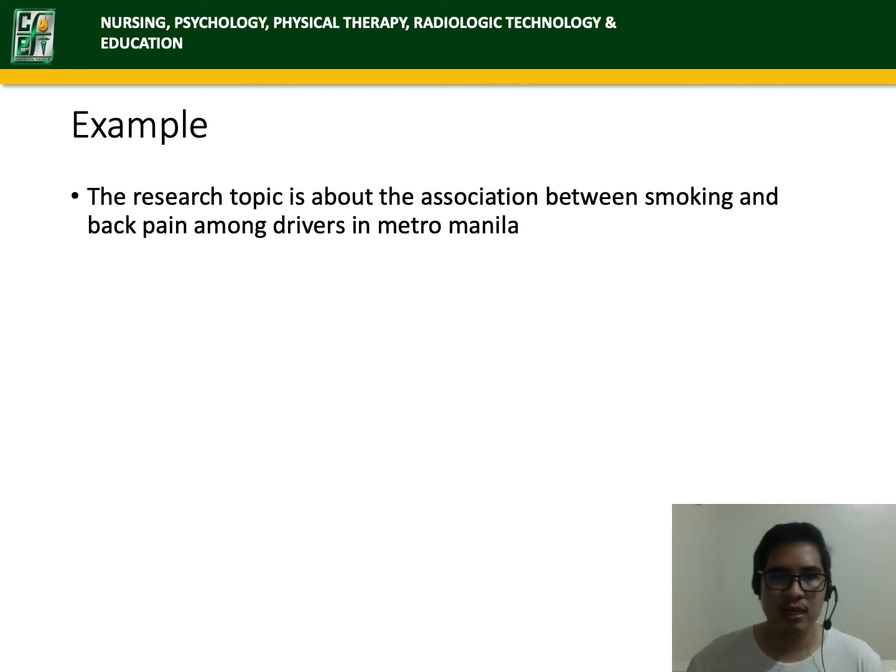The keywords are smoking and back pain. Okay, you can use also the association. Okay, the sample is not important in doing a literature search. We're not going to discuss your sampling and population. We're focused on your literature review.